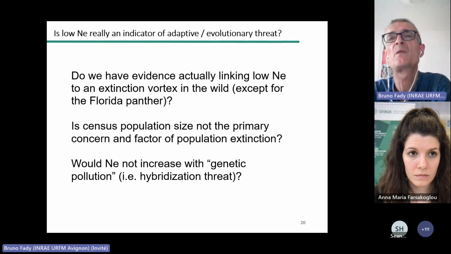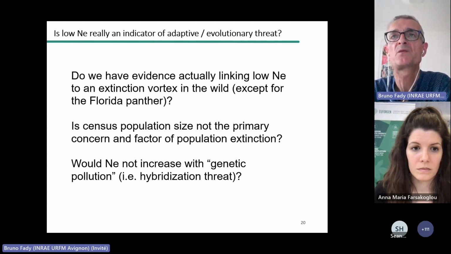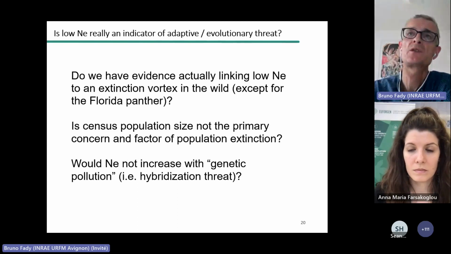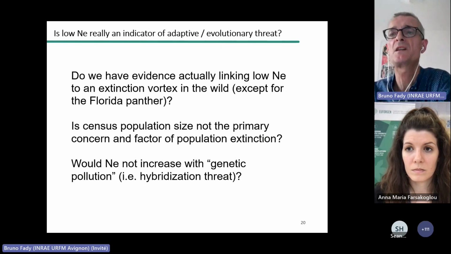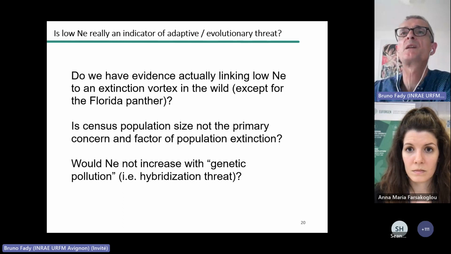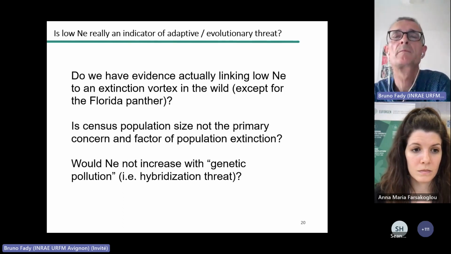There were 26 remaining individuals, and the translocation of 8 females from Texas was enough to restore the population to a high level of diversity. So it's very small numbers that make it possible to retain diversity and potential for adaptation.